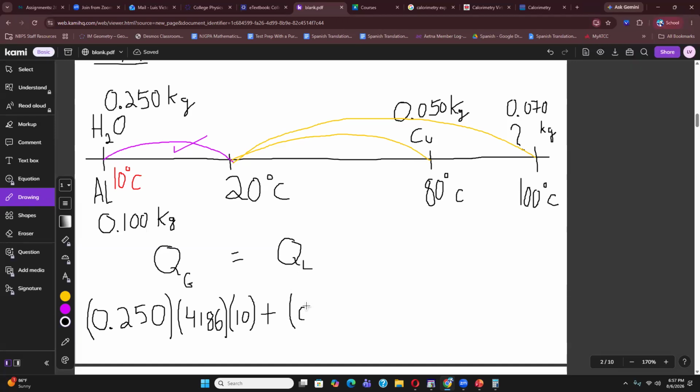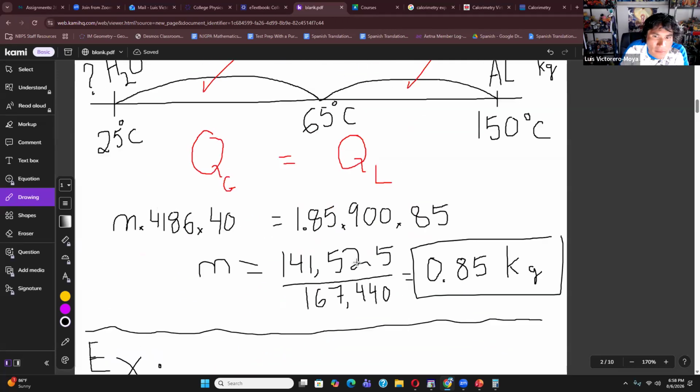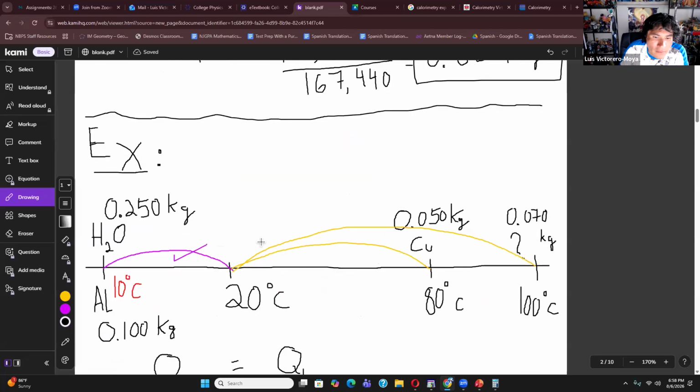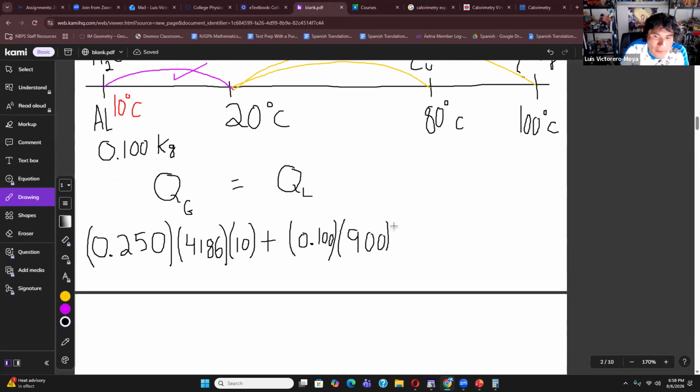Same thing, 10. And so 0.100 times what's the specific heat of aluminum? 900. Yeah, 900 and 10. Okay, you guys have it in front of you. Please, I need somebody to calculate this, all right? And then that's Q gain.